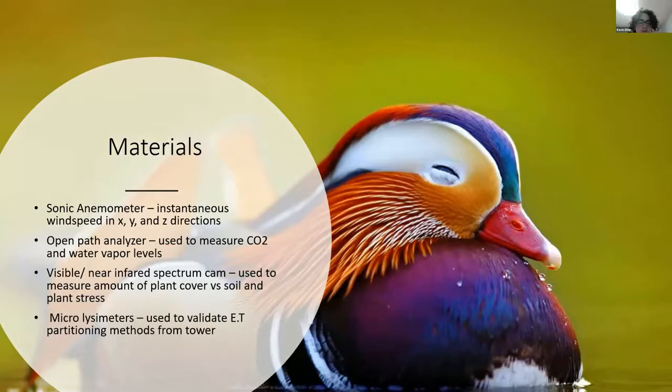We also have a visible and near infrared spectrum camera we just use to measure the amount of plant cover versus soil and plant stress, where it'll take a picture every 15 minutes and just tell us how much green is in that picture or how much brown, basically. And then we have these microlysimeters, which is just a fancy word for PVC pipes we stick in the ground that take up soil samples.